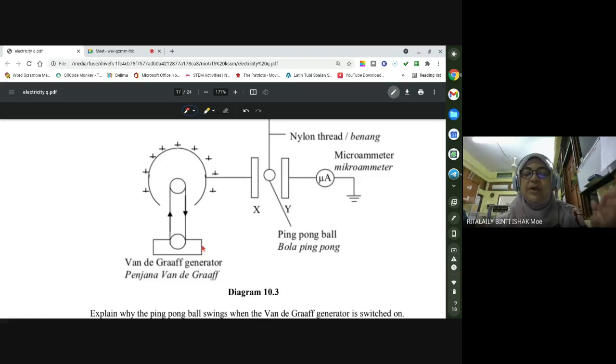So for the fourth point, you need to explain that the ping pong ball will be repelled from the surface of the plate X, because they have the same charge. Then lastly, the ping pong ball will swing to plate Y, and electrons will enter the ping pong ball, and the ping pong ball will become neutral.